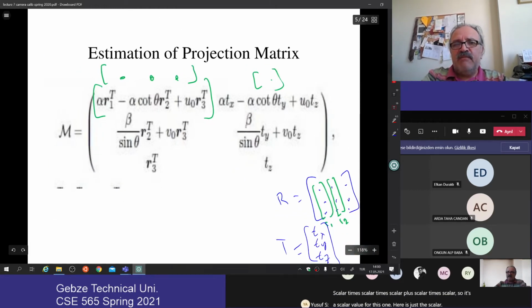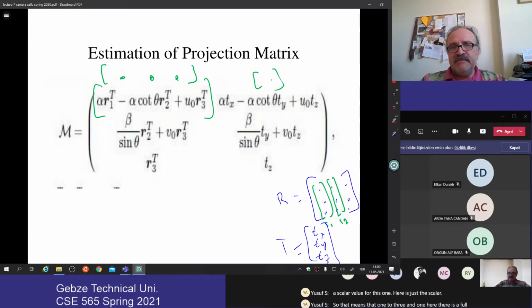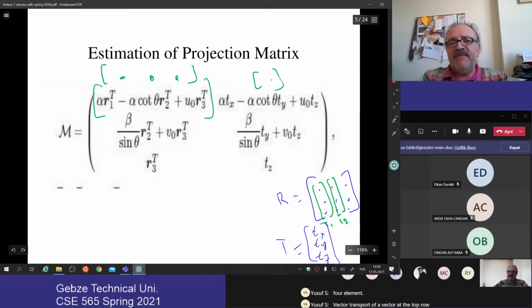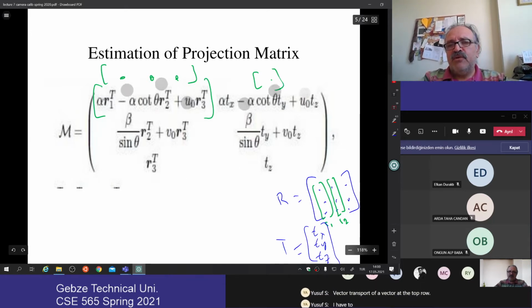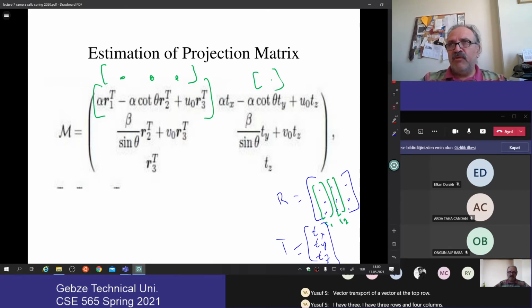So that means that there is a 4-element vector, transpose of a vector at the top row. I have three rows and 4 columns. Okay, 3 by 4 matrix M. That's the projection matrix.